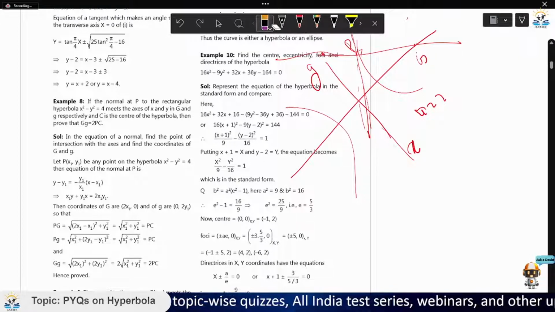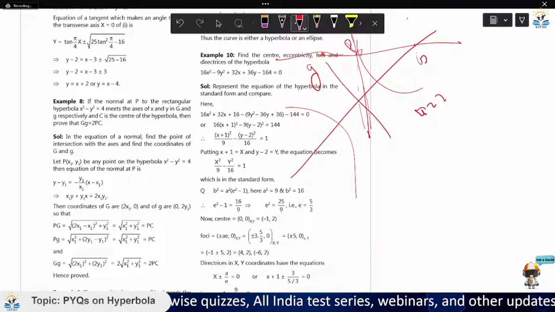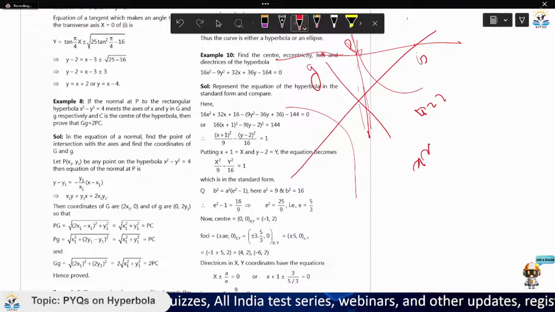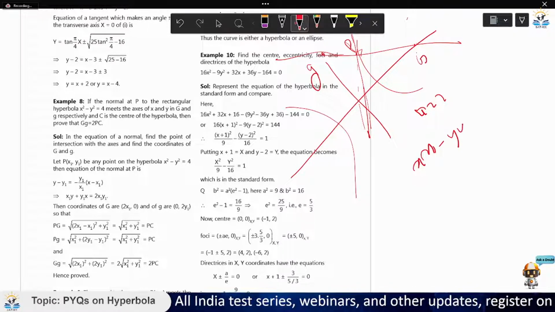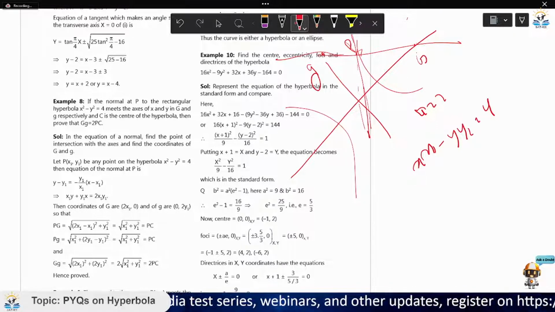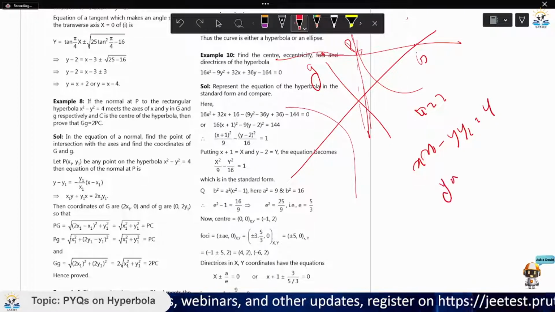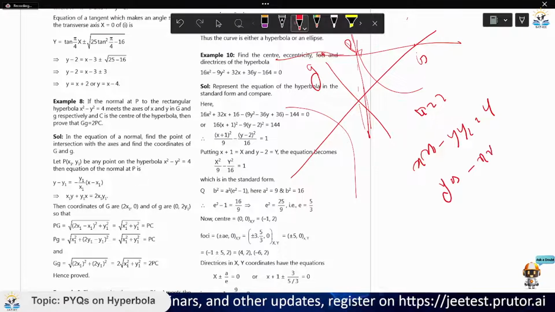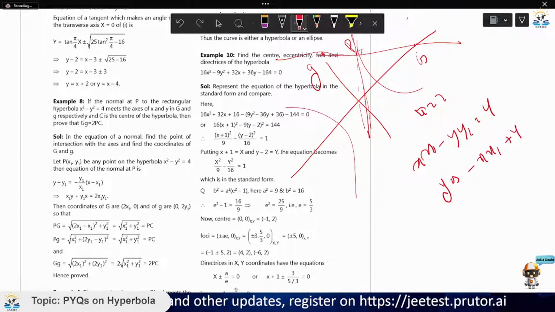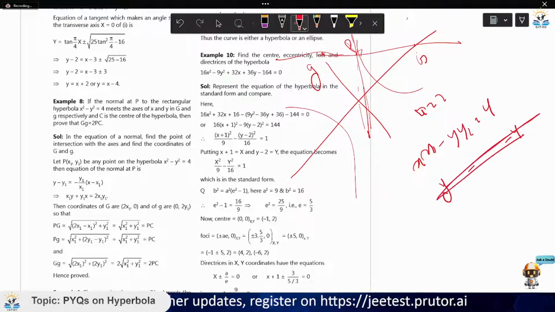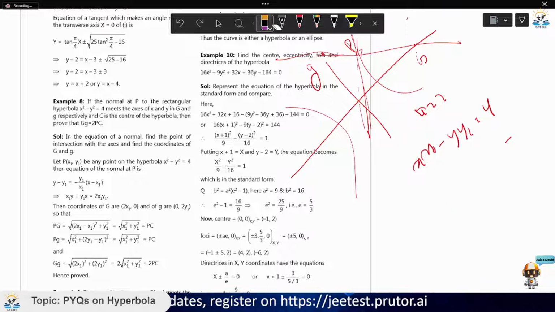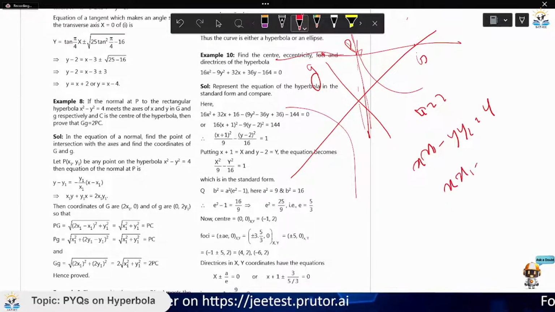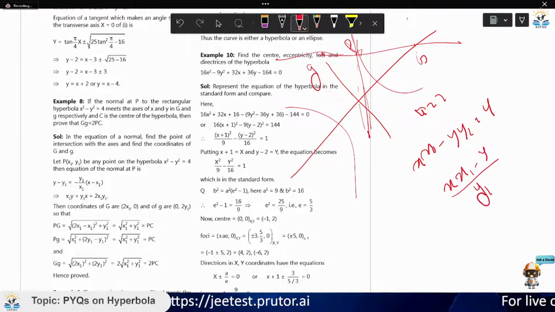First, let me write the conventional formula for the normal because I've really forgotten. x1 plus y1 is equal to 4. So my slope becomes y is equal to minus x1 plus 4. No, sorry. So it becomes x1 minus 4 by y1 is equal to y.